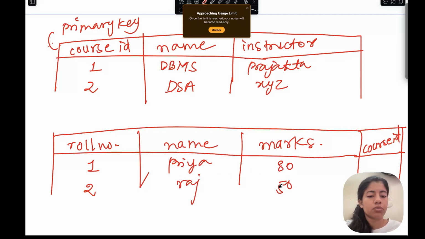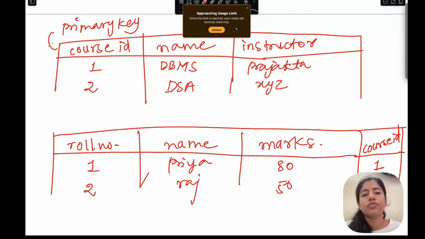I want to know which course each of them is enrolled in. What attribute uniquely identifies the course? It is the primary key, right? So we prefer to use the primary key, the ID.